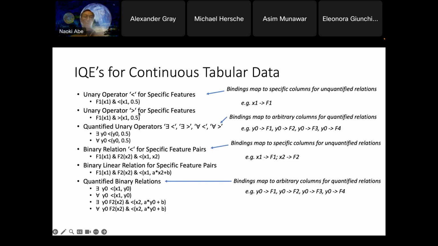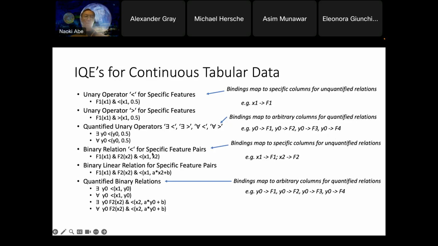So you may have unary relations like this one, where it says basically this variable is the first column, and it's less than 0.5. For this kind of specific unary relation, the bindings can map to a specific column. But for quantified unary operators, like there exists a variable such that it's less than 0.5, then these variables will need to map to arbitrary columns.